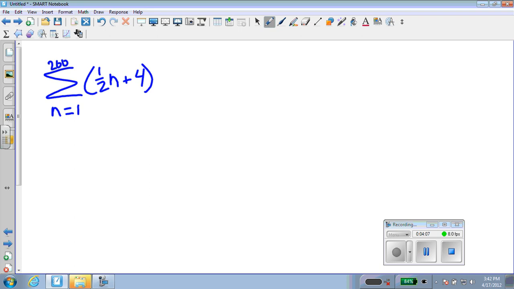Okay, suppose we want the first 200 terms of the sequence that's defined by 1/2 n plus 4. We want to add them all together. Well, since this is arithmetic, I know I'm going to need the first term, which would be 4.5. The 200th term is 104.